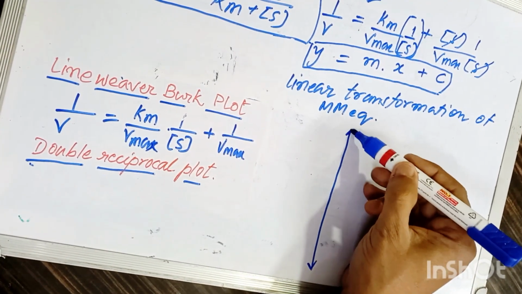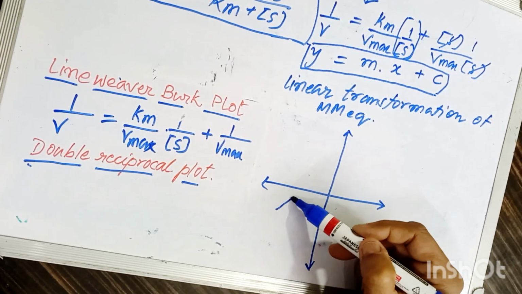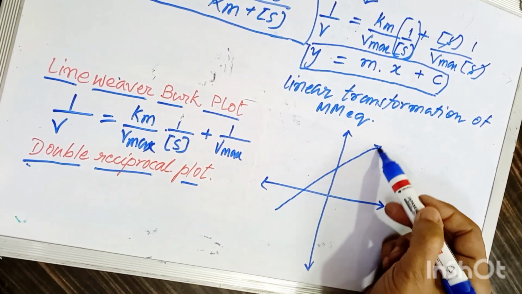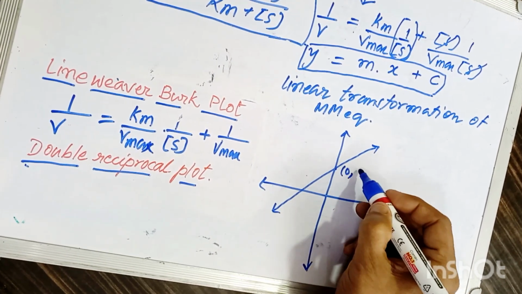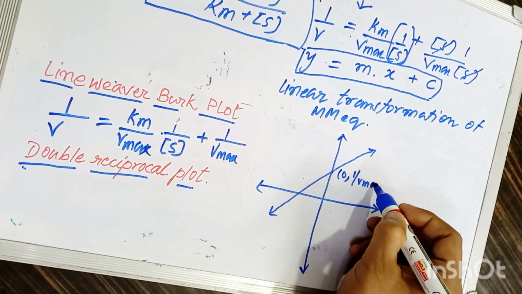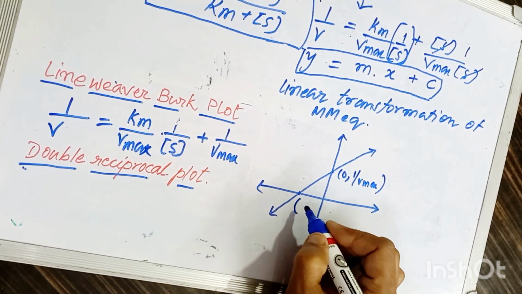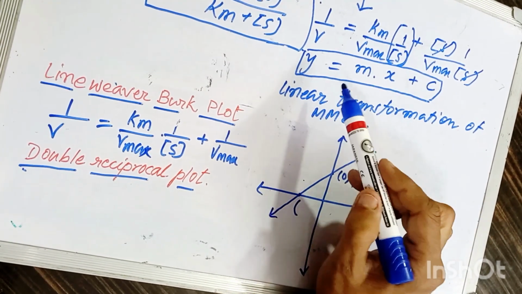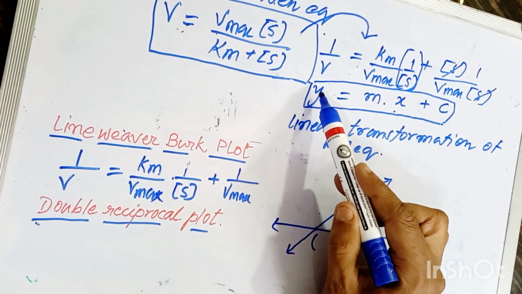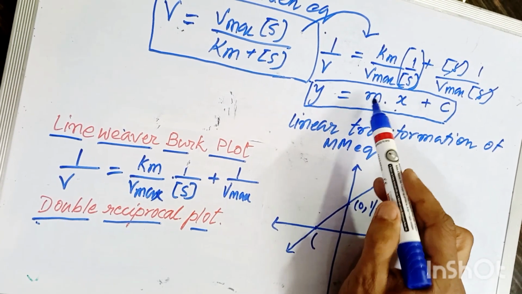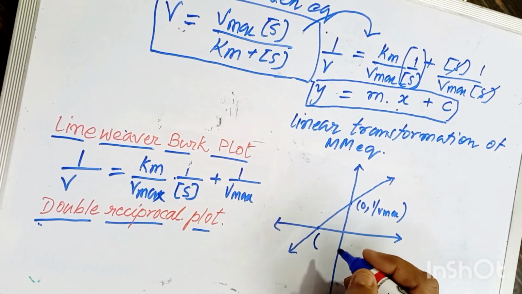This is the y-axis, this is the x-axis, and it is now in the form of a straight line, where this line cuts the y-axis at x equal to 0 and y equal to 1 by Vmax. Here the value of x is minus c by m, because y is 0.